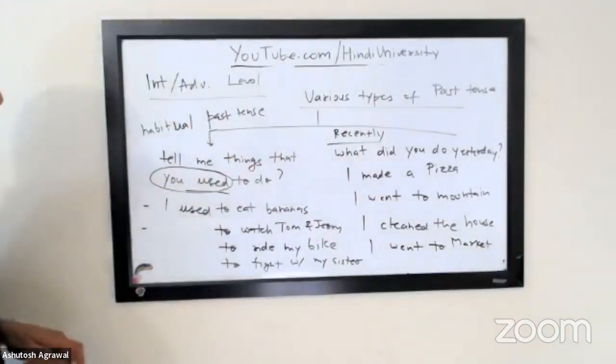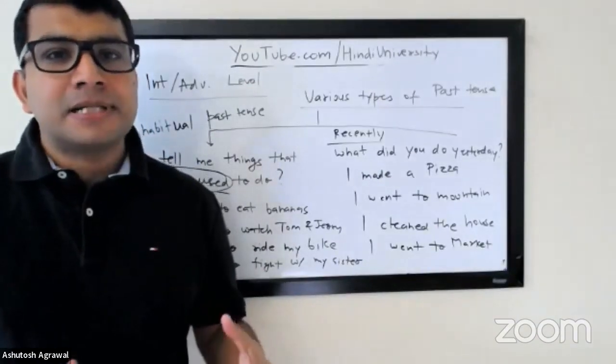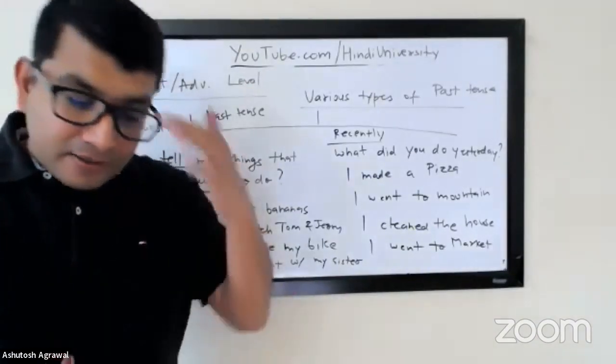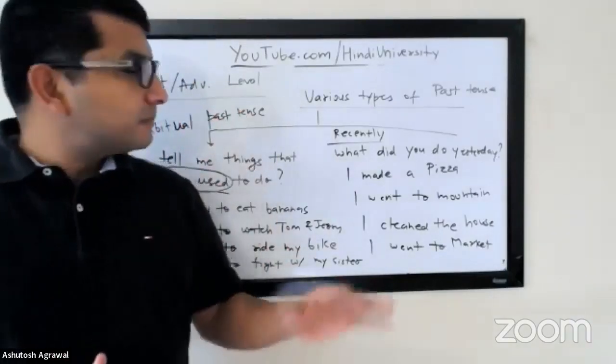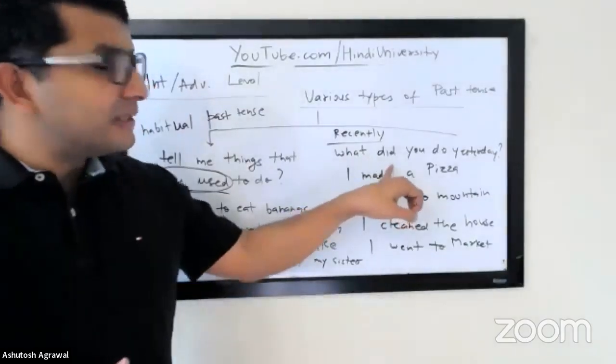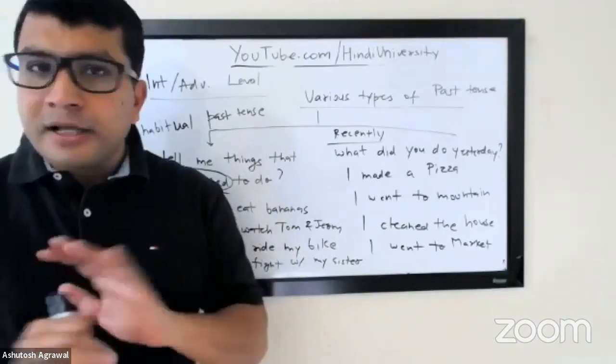Okay, so if you look at this category, we are talking about something that happened recently. Now the academic books may confuse things, but some of them will refer to it as a recent past versus simple past. I agree with both of them.